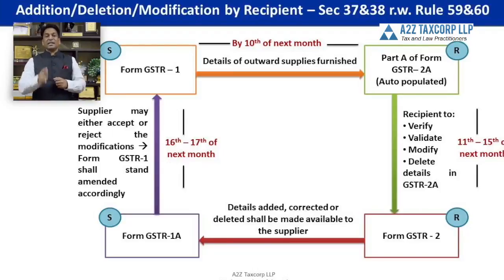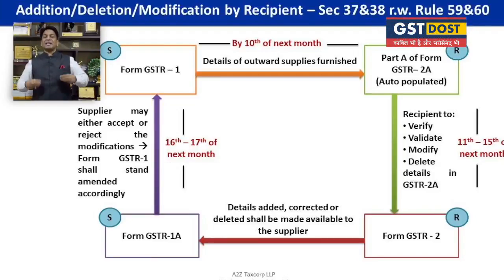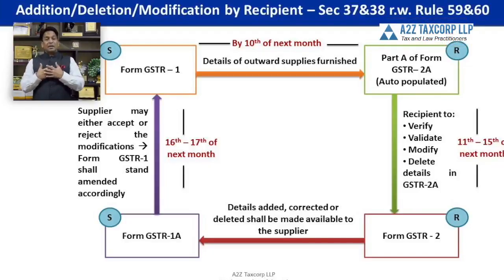What are these options? Let me explain one example pertaining to add, modify, delete and hold. What is add? Let's say the supplier has supplied the goods on 28th of September, raised the tax invoice, supplied the goods. Being recipient, you have received the goods and you have received the tax invoice, but the supplier forgot to upload the invoice particulars on the GSTN portal while finalizing GSTR1 by 10th of next month.